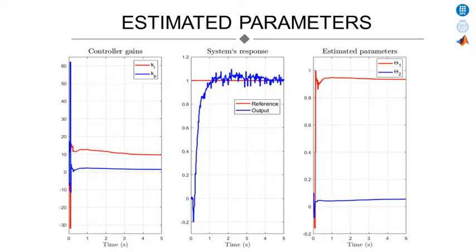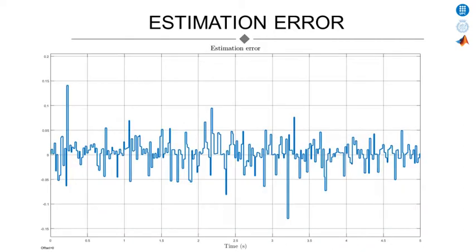These images show the first 5 seconds of the experiment done in the video. As we can see, at first, the parameters vary a bit, but finally they settle at a constant value. As we can see, the estimation error, although quite noisy, always tends to 0.